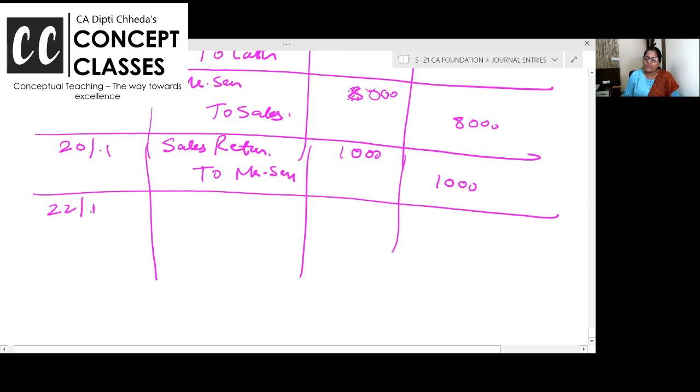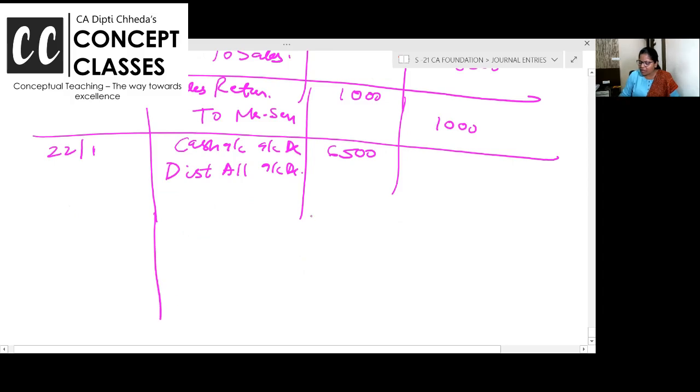Received cash from Mr. Sen, 6,500 in full settlement. Cash account debit, 6,500 in full settlement. Discount allowed account debit. Cash I have received 6,500. Discount allowed is my expense, to Mr. Sen.